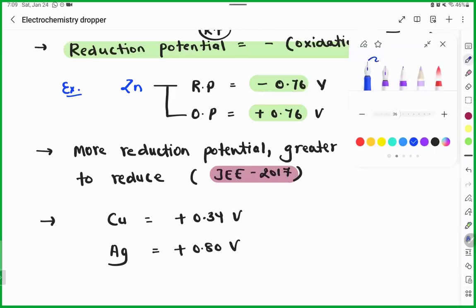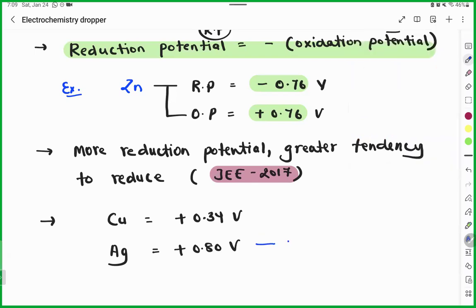Ag will undergo reduction. How do we know? Greater reduction potential. Exactly. That's why I said whenever you are considering oxidation and reduction, it is always comparative. Copper is reduced compared to zinc and oxidized compared to silver.